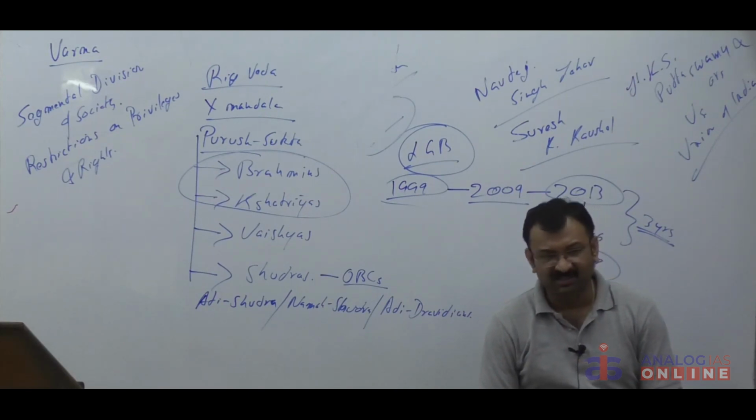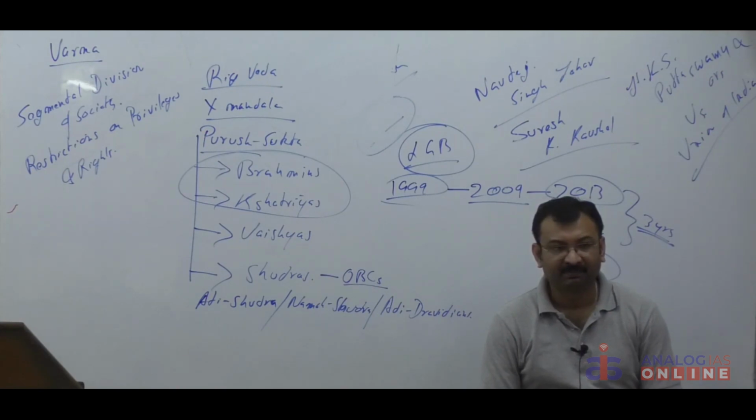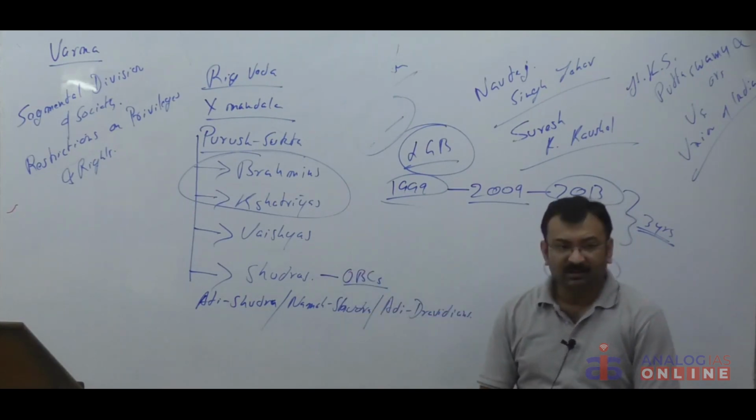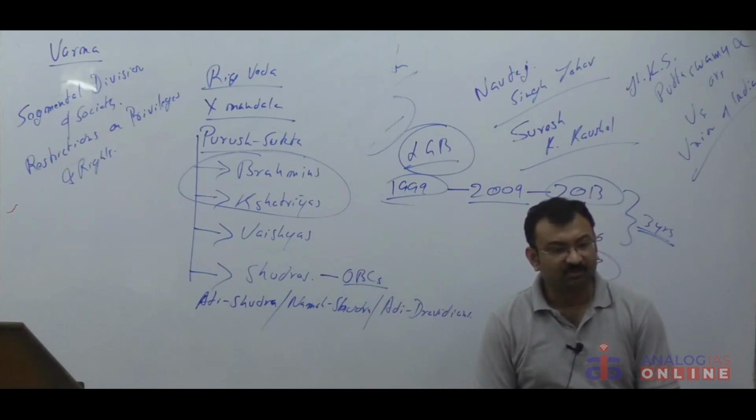We were talking about decency a while back, na? Tell me about the decency here. Now tell me about that point. Restrictions on privileges and rights.